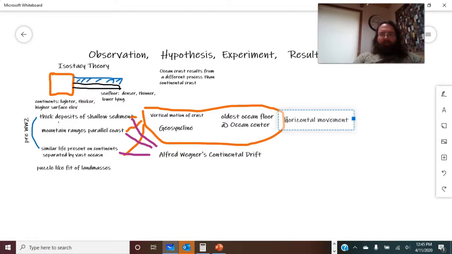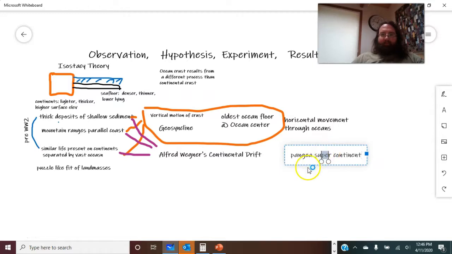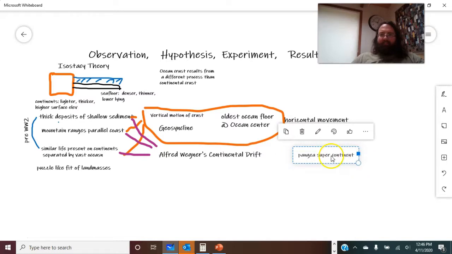It relied on horizontal movement of the continents through oceans, and it made a prediction of Panthalassa. Pangea supercontinent. And so because it predicted this, we're going to turn that into a testable hypothesis.